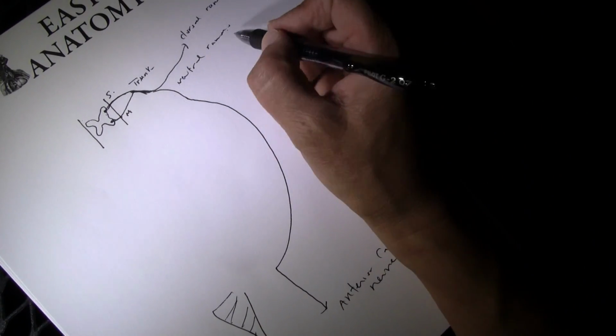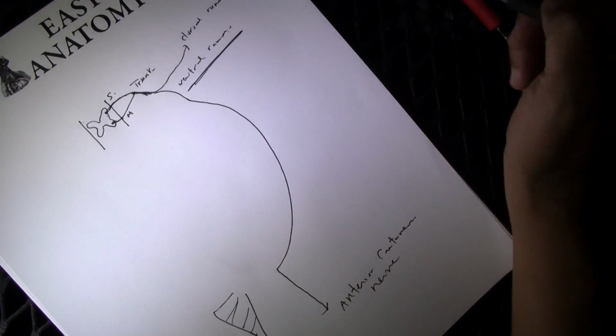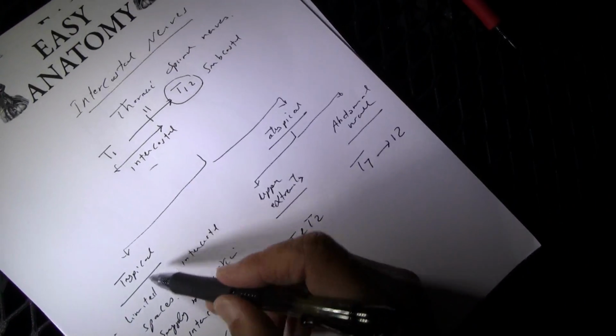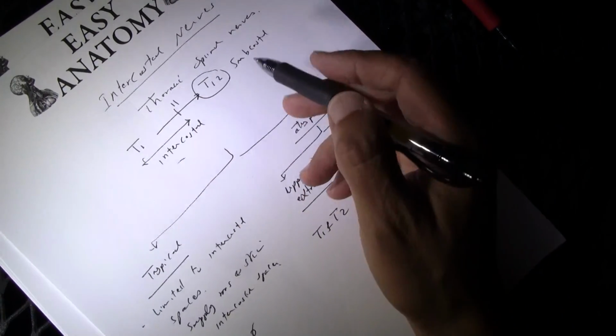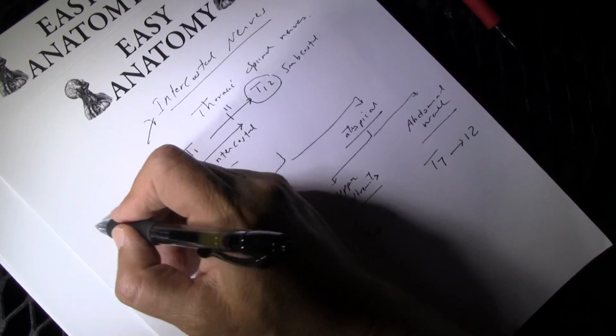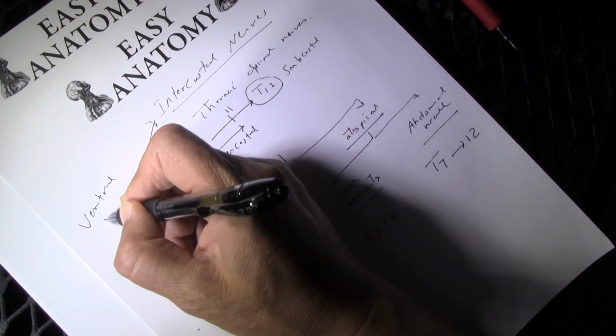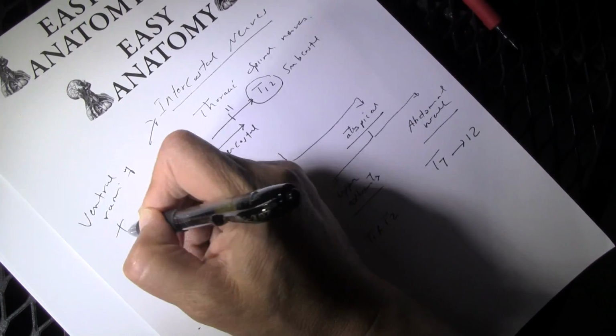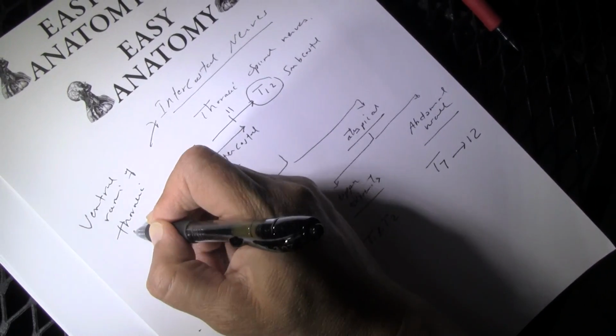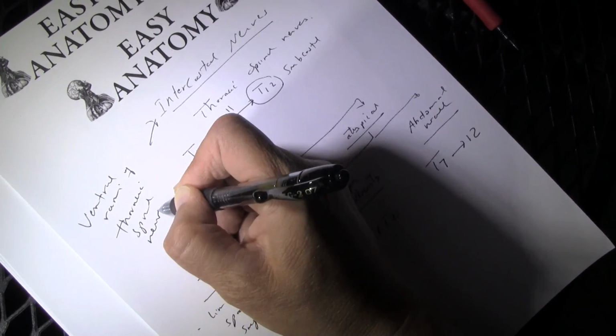This is the ventral ramus of the thoracic nerve. So intercostal nerves are ventral rami of thoracic spinal nerves.